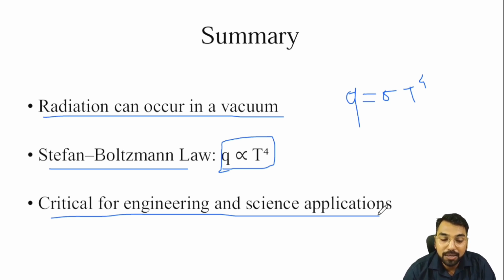And in radiation, if we double the temperature, as we saw before, then the total heat energy radiated is 16 times higher. So that's why radiation heat transfer is a critical parameter in engineering design.